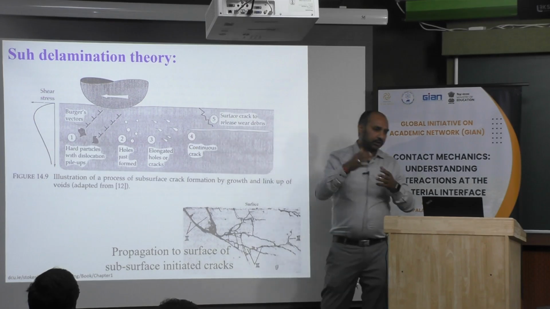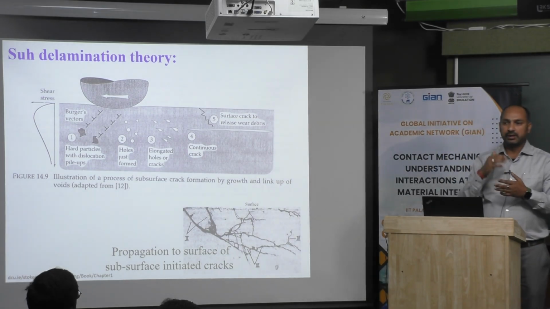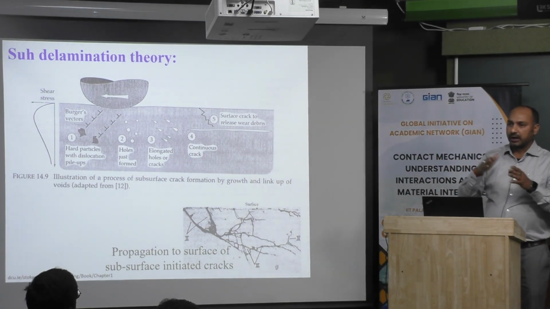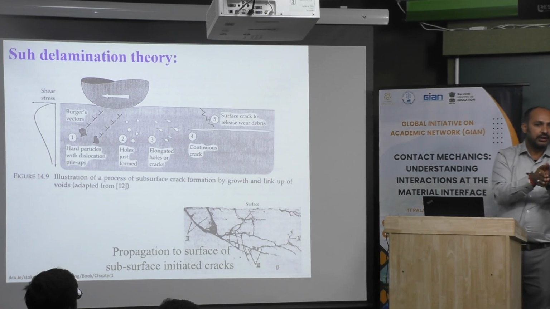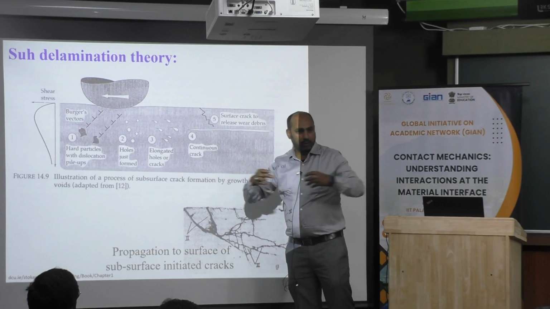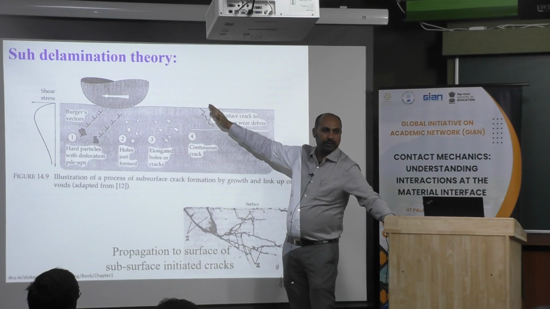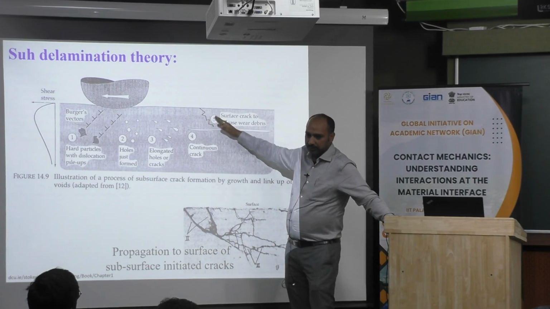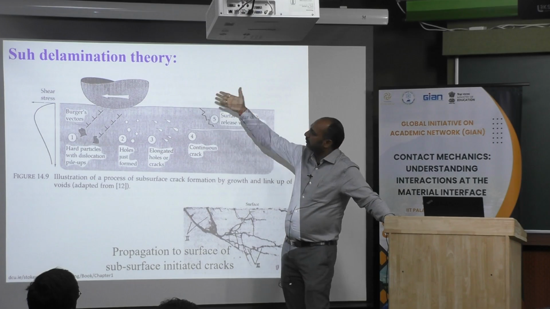Because continuous strain hardening occurs, the stress tries to release energy and creates two surfaces, so whatever energy is there gets released. This is how voids form, then the voids coalesce and form a long crack which can connect with the surface cracks, and the complete chunk can come out. This theory has been given by Suh.